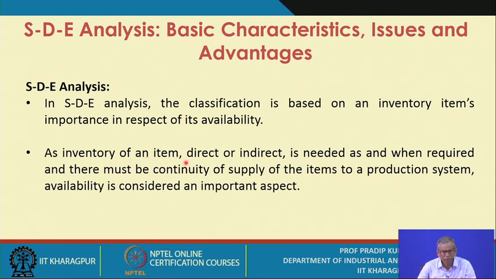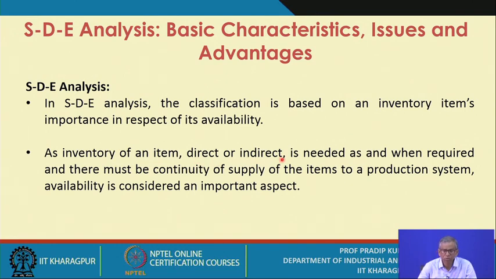This applies to an inventory item, direct or indirect. So what is a direct item? That means the item which is required to produce the product, one of the components listed in the product's bill of materials or the product structure.